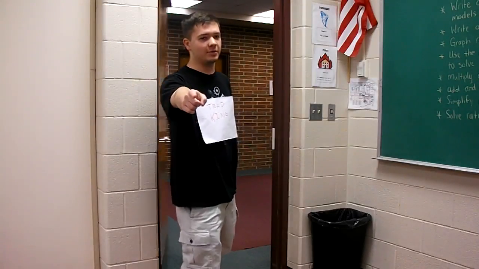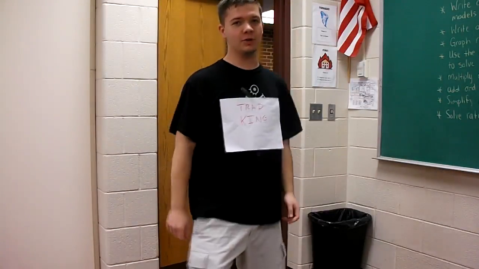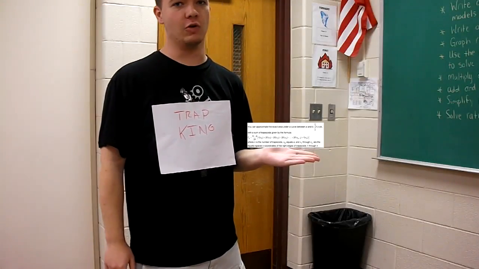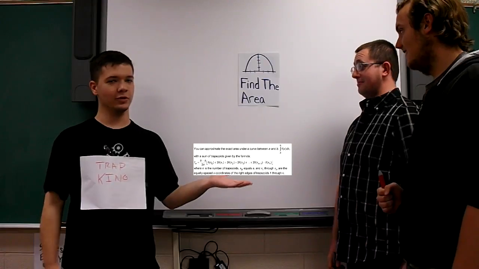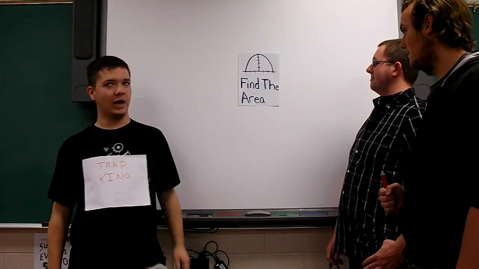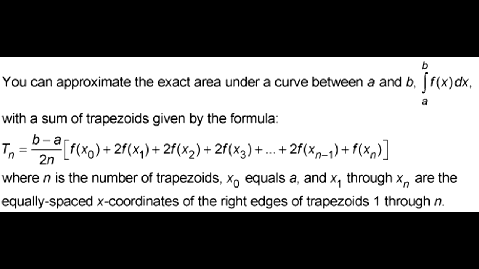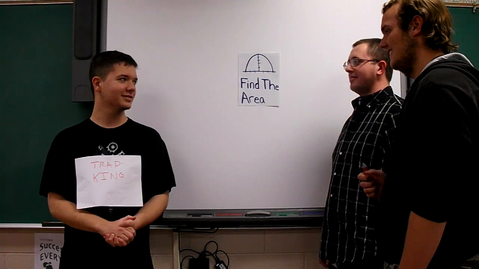Hi, my name's Trapper King Collins. Today I'm going to introduce you to the new product, Trapezoidal Rule. With this new amazing product, the Trapezoidal Rule, you can find the area under a curve between points A and B, depending on what your graph is. Just note the Trapezoidal Rule is an underestimate of what the actual area is.